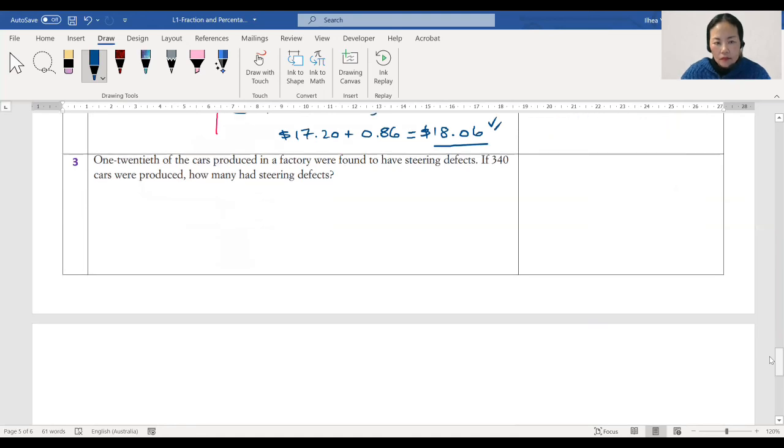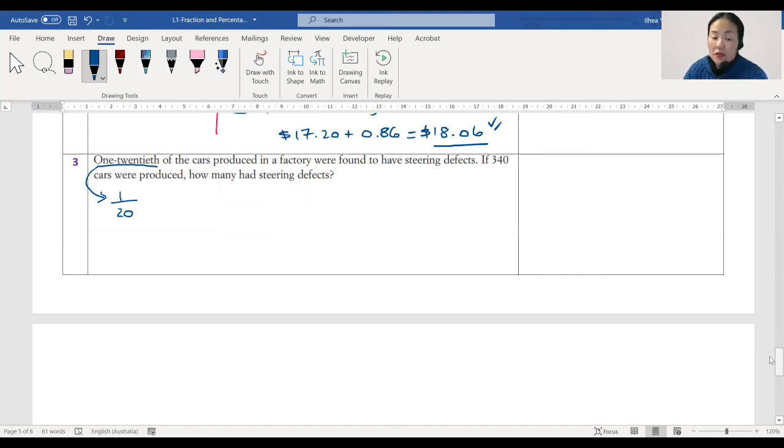Okay, next one. It says 1/20th of the cars produced in a factory were found to have steering defects. If 340 cars were produced, how many have steering defects? Now, there's no percentage involved.